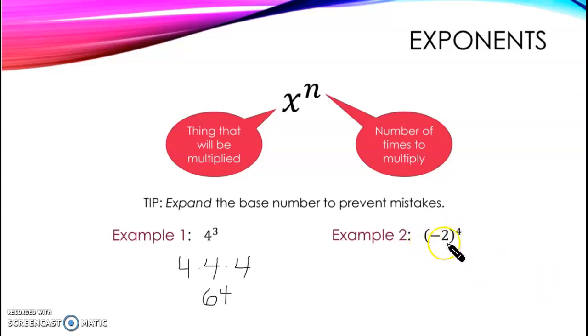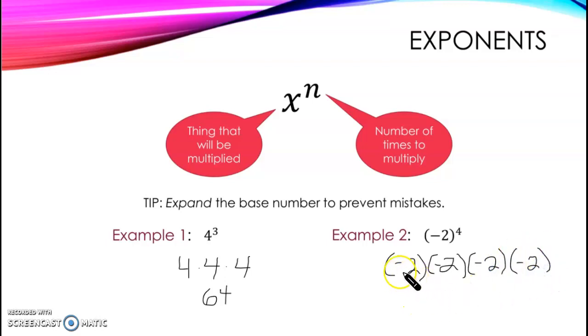When you see something in parentheses like this, that means you are going to take everything in the parentheses and multiply it by itself this many times. So this would be -2 times itself 4 times. And I'd like to take a minute to think about whether this is going to be a positive or a negative value to start.